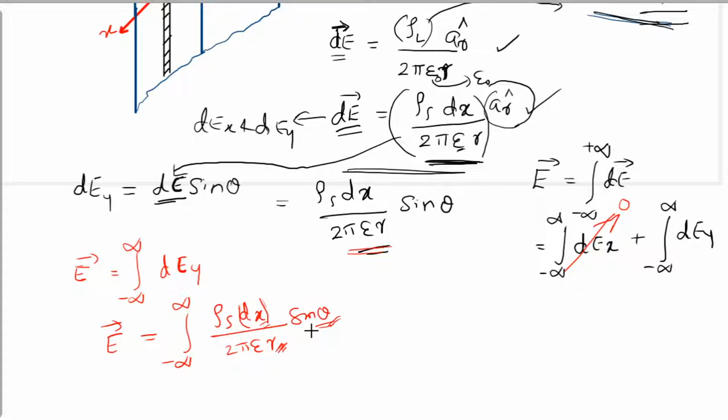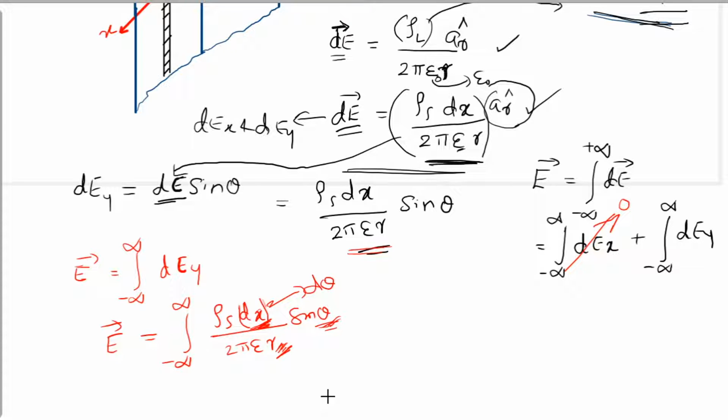Either I can convert this sin theta term into x and integrate with respect to dx itself, but the easier job will be to find x in terms of theta and make this d theta. Try to convert this to d theta. How? Find x and r both, because both are variables. Find x and r with respect to theta.